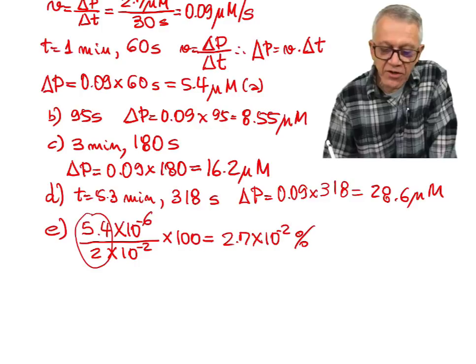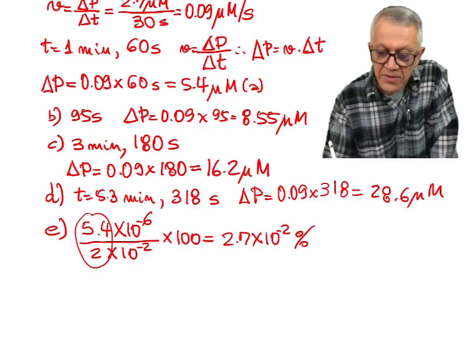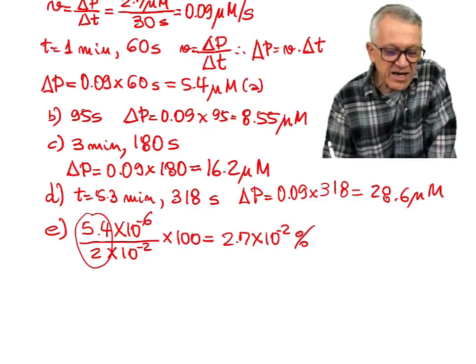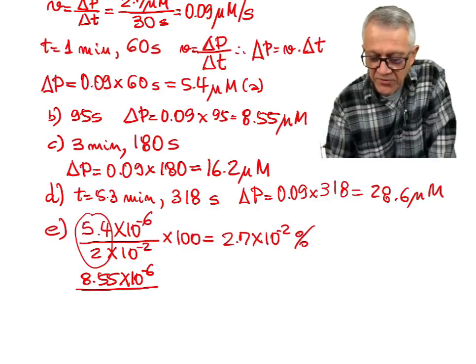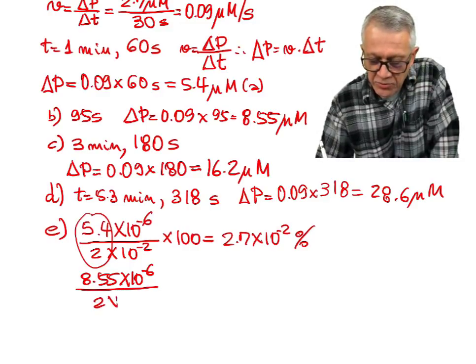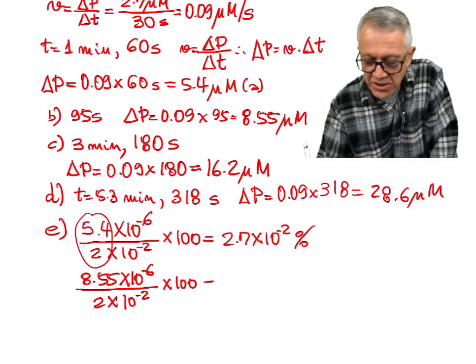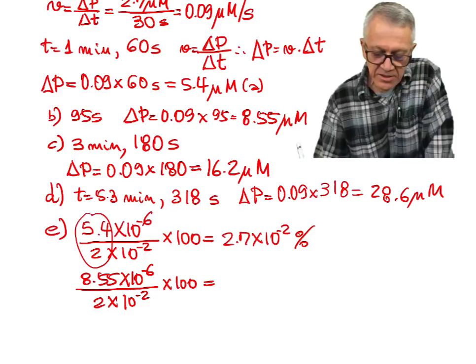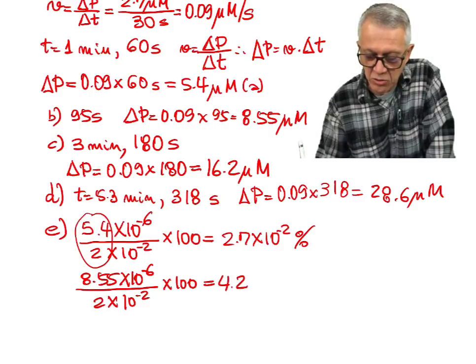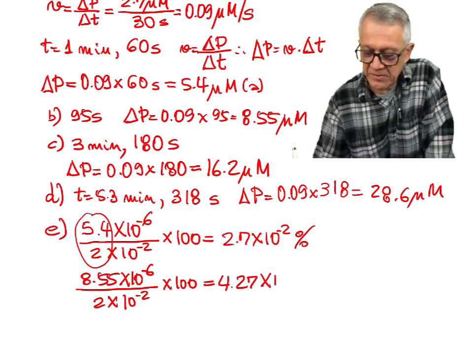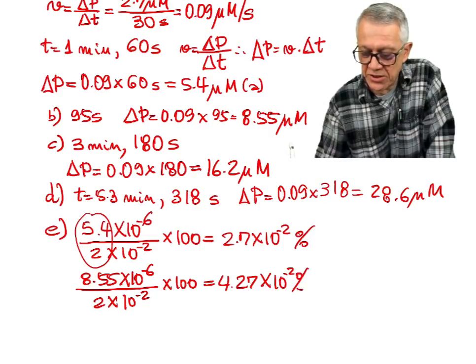The next one comes from letter B, where we had 8.55 times 10 to minus 6, remember? 8.55 micromolar out of 2 times 10 to the power of negative 2, and times 100 to make it a percent, if you so desire. And the same thing in here, that will be 4.27 times 10 to minus 2 percent, right?